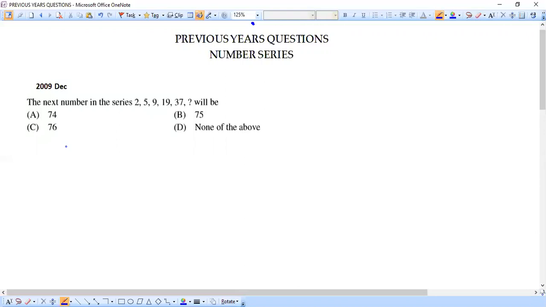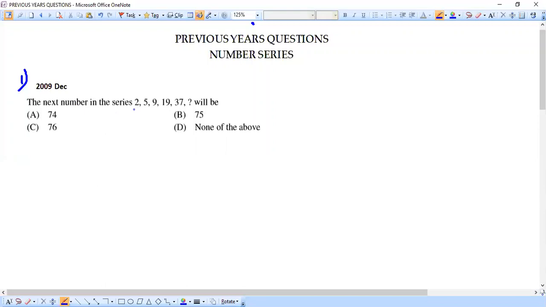Let's start with question number 1. Question 1 is from the year 2009 December, and it is from number series. Throughout this session we are going to solve number series questions only. Here the question asks for the next number in the series.